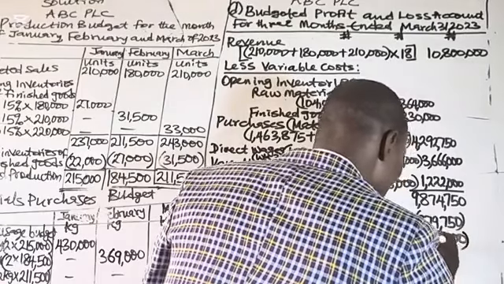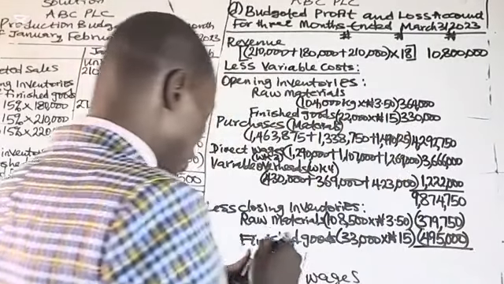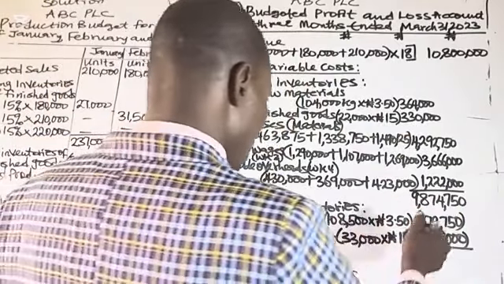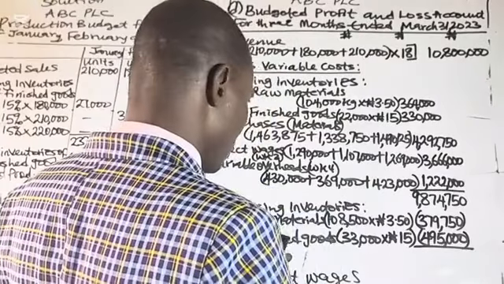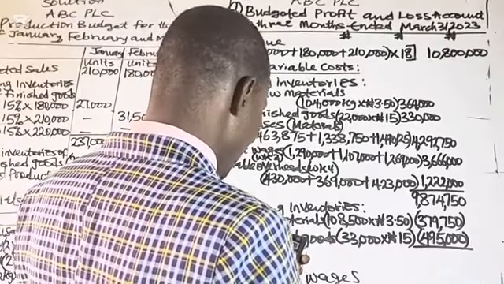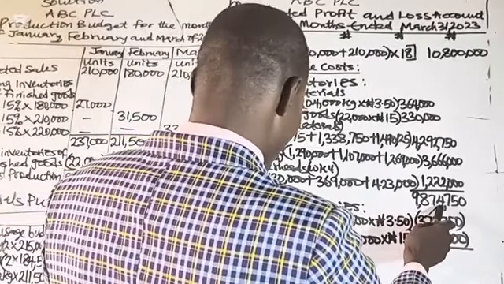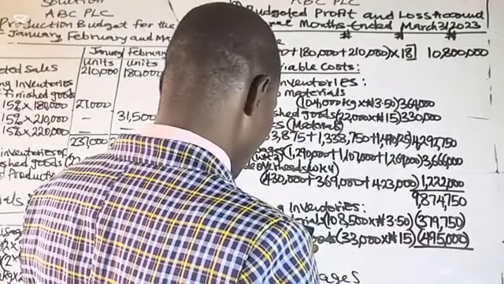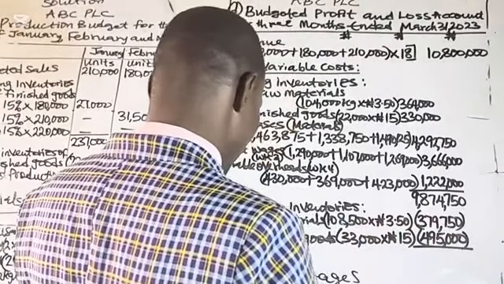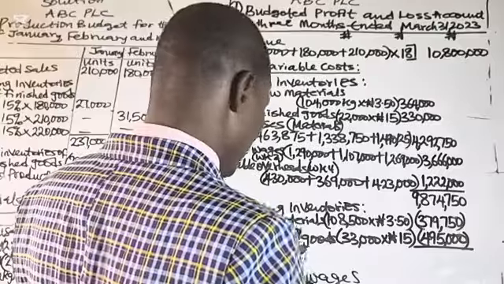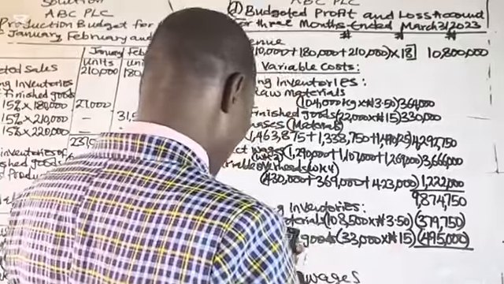So now let's deduct the closing inventories from 9 million. So 9,874,750 minus 379,750 minus 495,000.